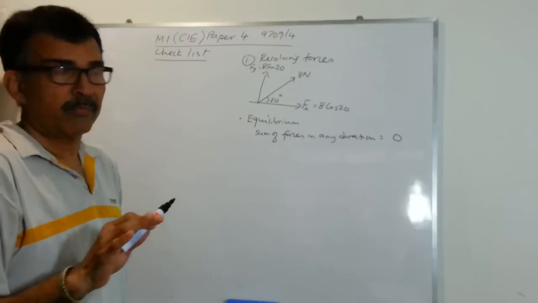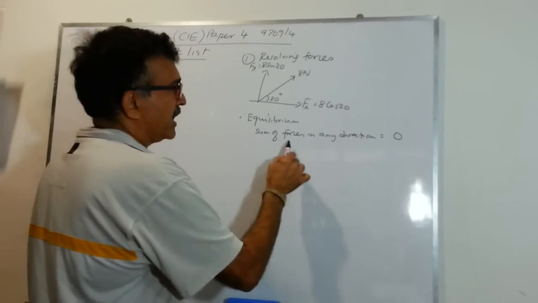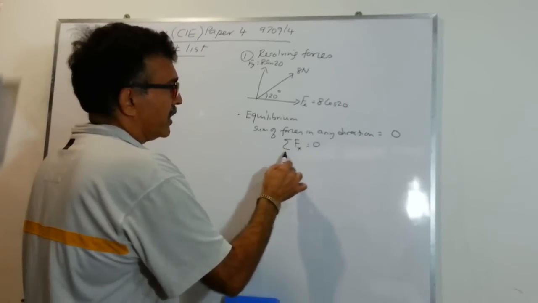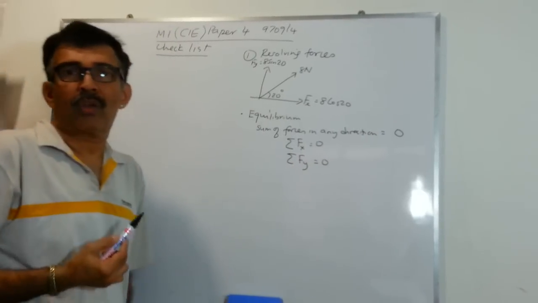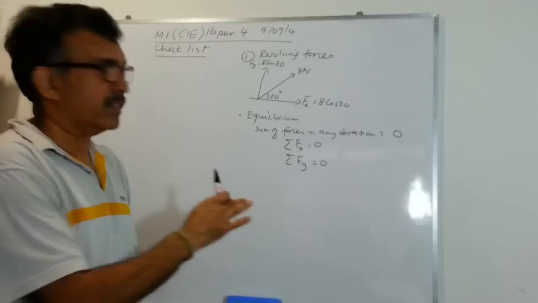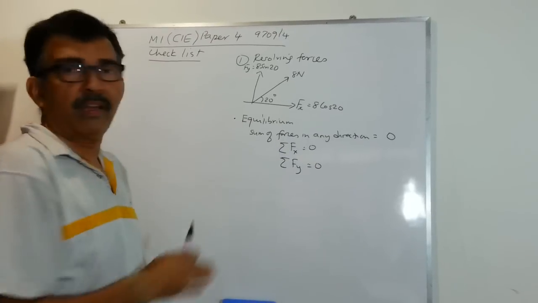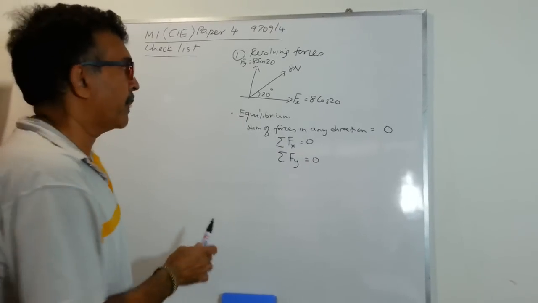We can write it like this for simplicity: summation equal to 0. It's easy to talk in terms of x direction and y direction. So the sum of forces in the x direction, sigma Fx will be 0, and the sum of forces in the y direction, sigma Fy will be 0. That's when we deal with equilibrium.